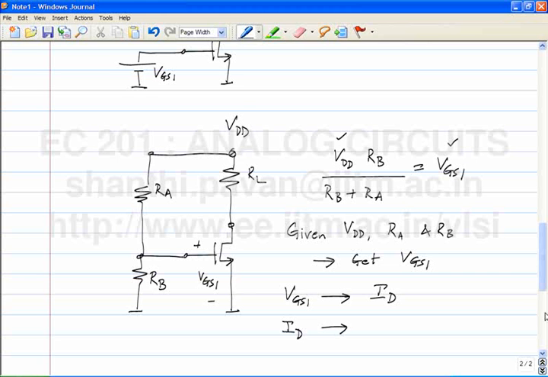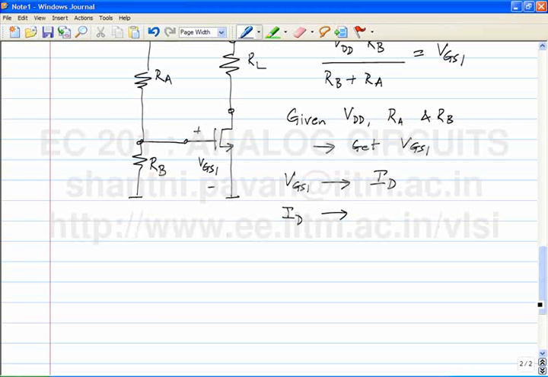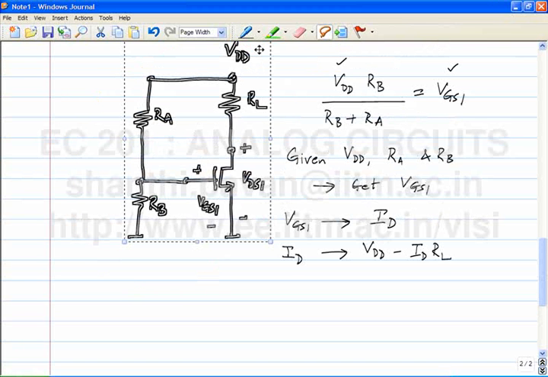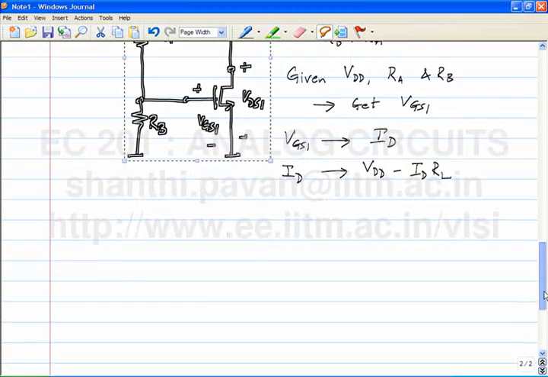When you say operating point, what do you understand? VGS and VDS. VGS1 is found already. The only job is to find VDS1. And how would I do that? VDD minus ID times RL. So this completes the biasing of the transistor to an operating point that we desire.